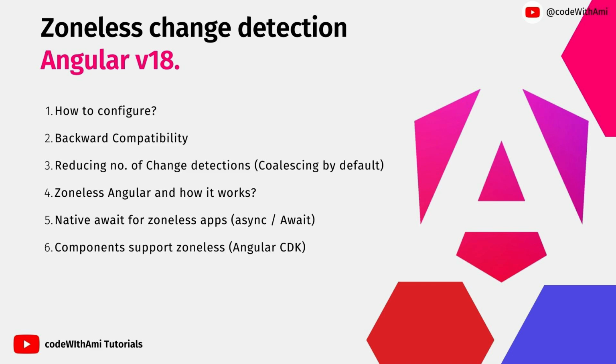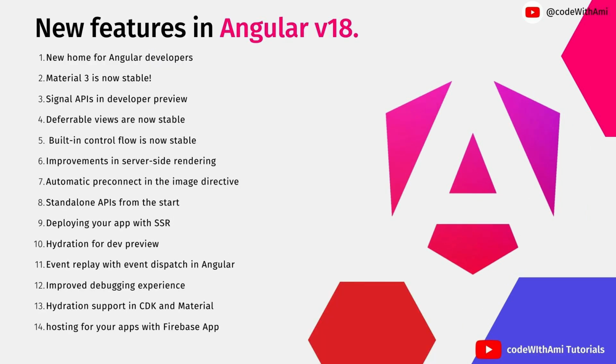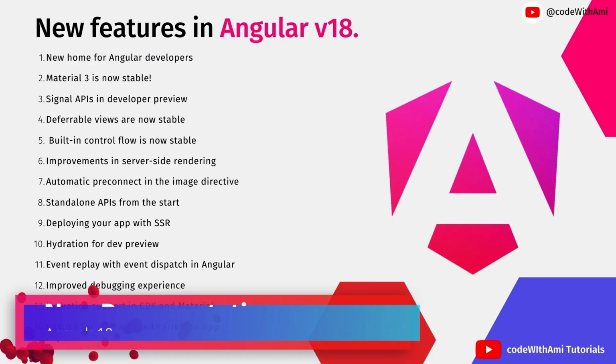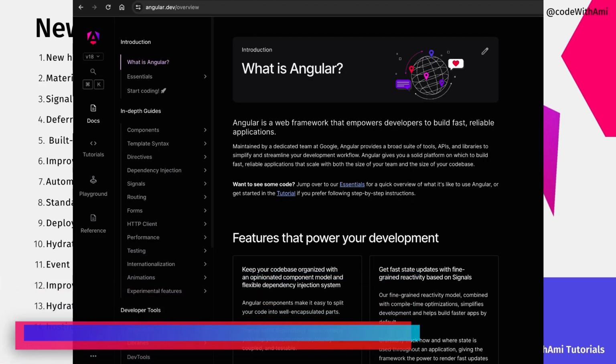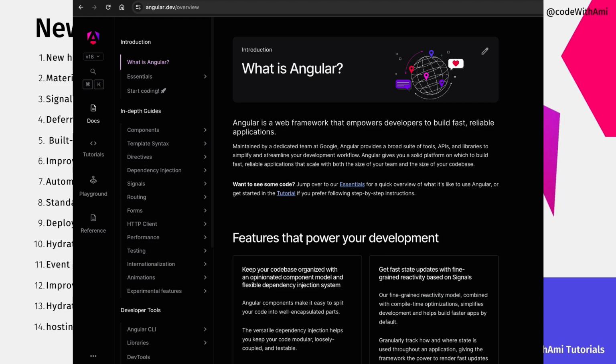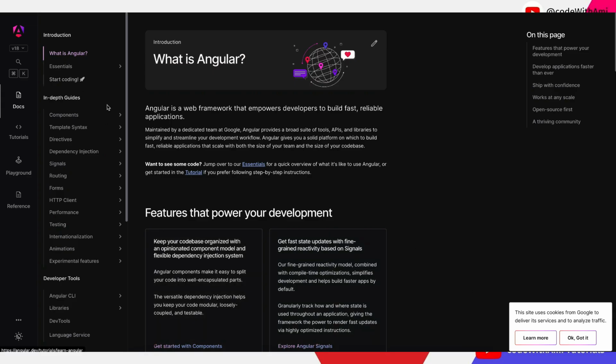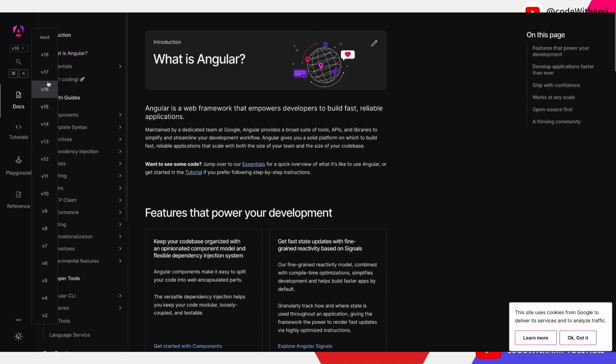Alright, so let's talk about the next thing, which is a new home for Angular developers. The Angular team introduced Angular.dev in the previous release, with Angular 17, and they worked on it a lot, and now Angular.dev is the official documentation website for Angular.